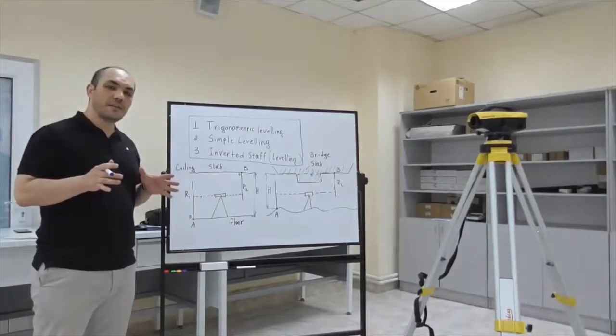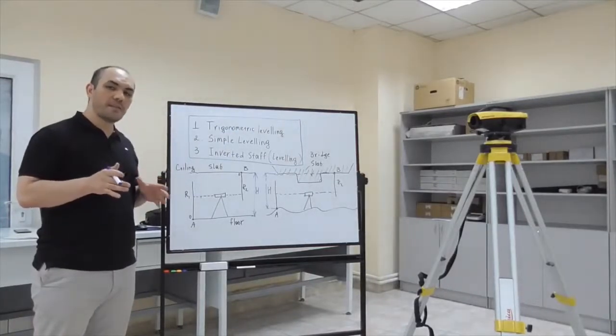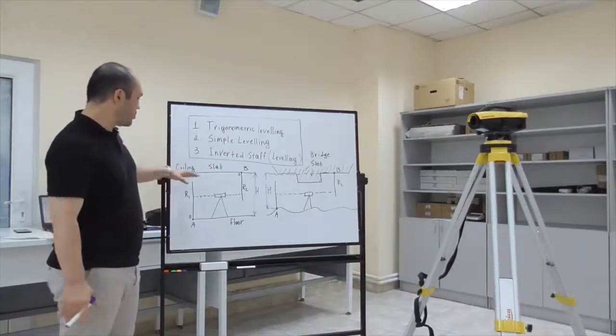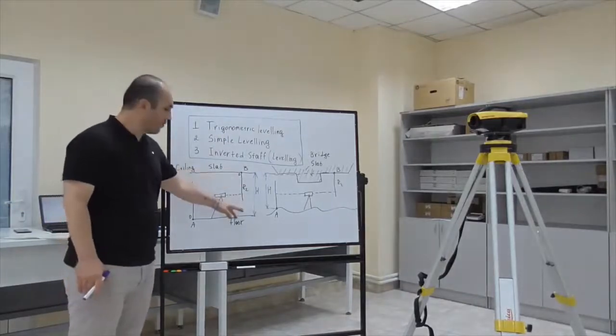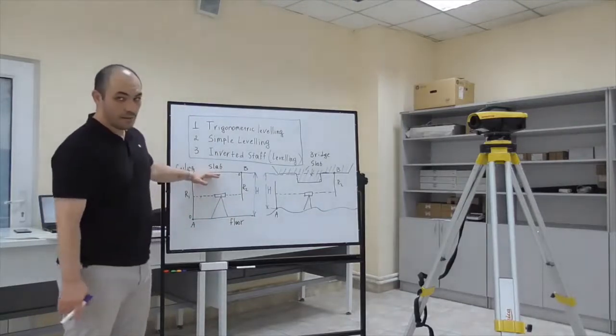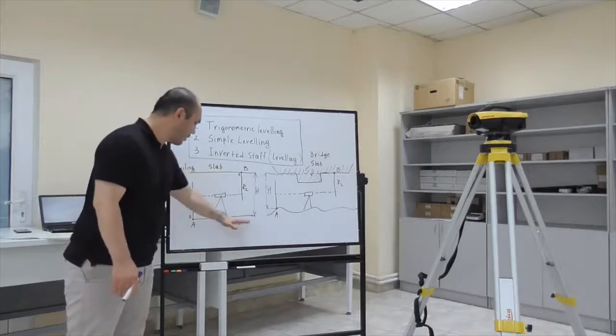In practice, the inverted staff method is usually used to measure the height of a room. Just imagine this is the ceiling or slab, and this is the floor.